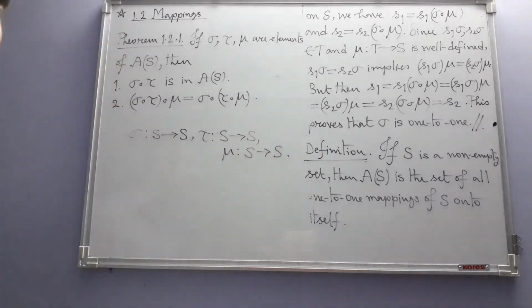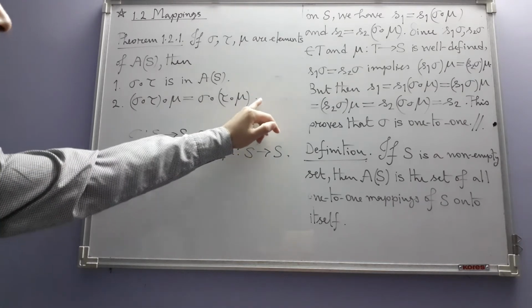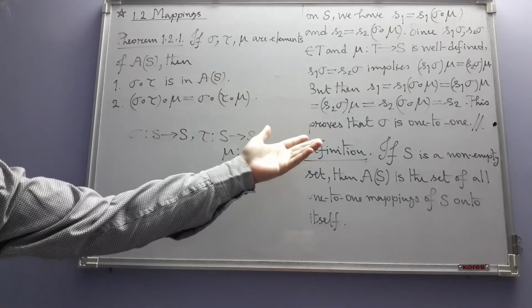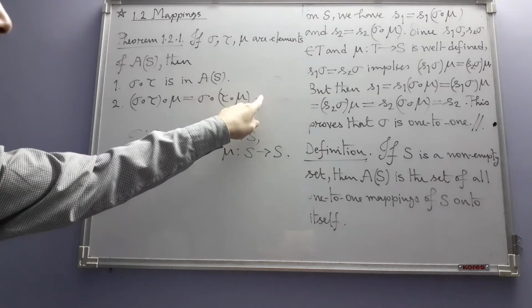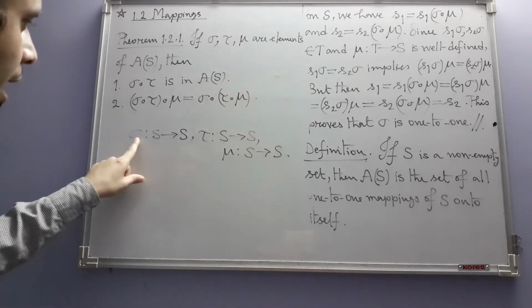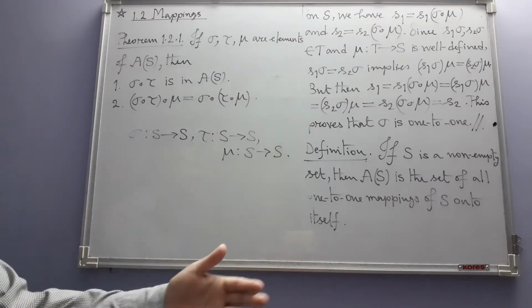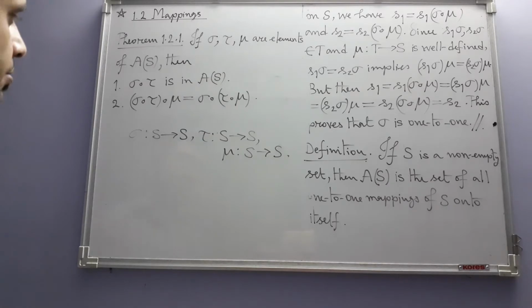You don't even have to think about whether these compositions can be formed. In fact, you can take one more function or mapping, and you can take composition of that with this one, because ultimately all of them will map S to itself. So you can repeat it as many times as you want.